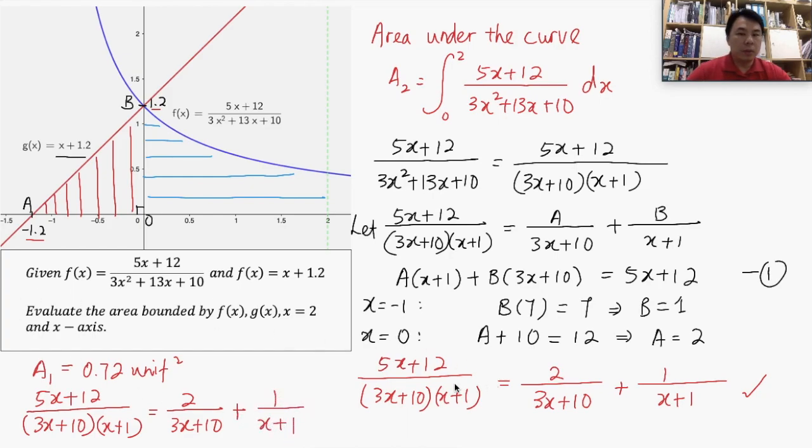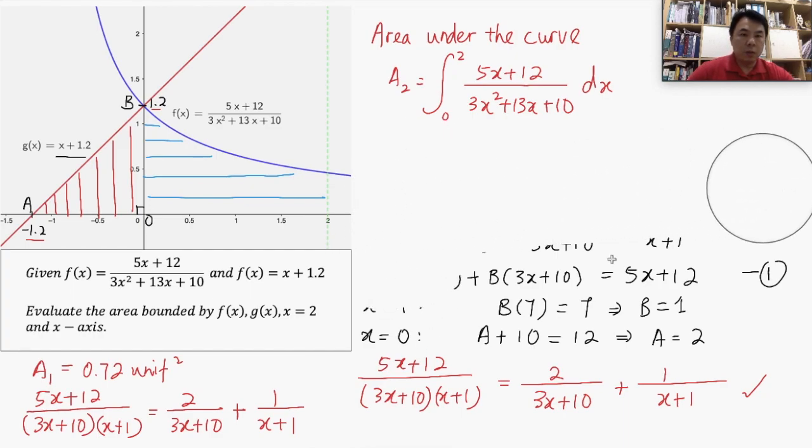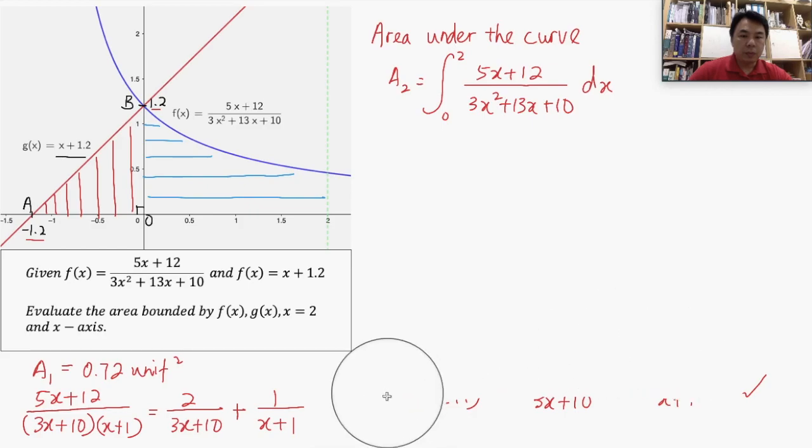Now that is our partial fraction. I'm going to take this out at this moment. Now we're going to continue on with this integration. By integrating this rational function, we are saying that we can actually integrate this instead.